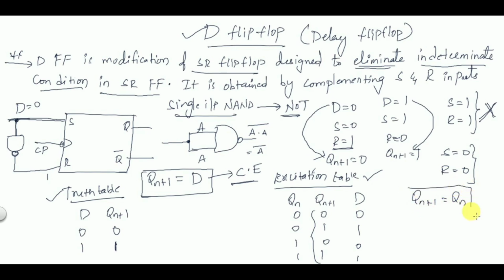There is no change. When there is no change in the output, this condition is also not desirable. So this condition never arises, and the indeterminate condition also never arises. Only the output may change from 0 to 1 or from 1 to 0 based on the D input.